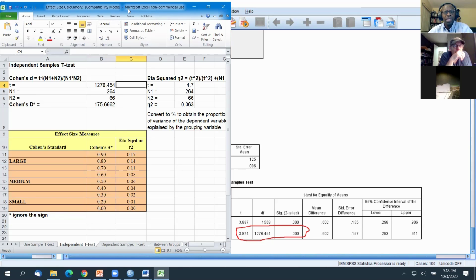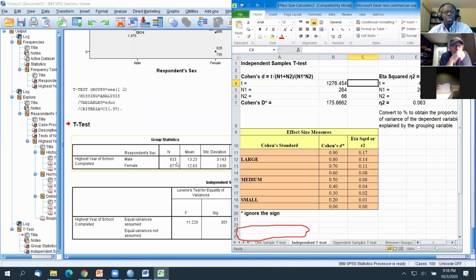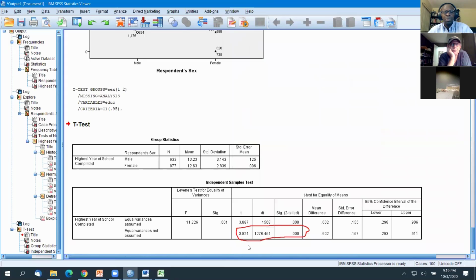So according to this, males is 633, so we're going to put in 633. And then females is 877. Type enter. Oh, I'm sorry, that was the degrees of freedom. It's 3.824. I'm sorry, 3.824 is the t-value.